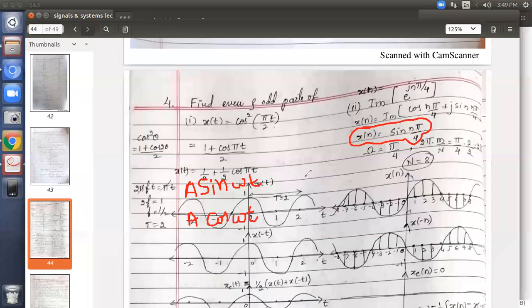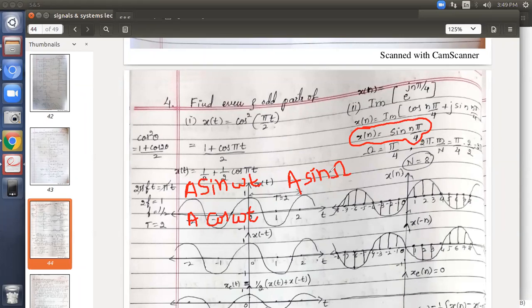This is for continuous. If it is discrete, what will be the general notation? It will be a sine of omega n. We have seen this already in the sinusoidal signal. We have already studied the different elementary signals: 6 different elementary signals, among them exponential, sinusoidal, exponentially damped, then unit step, ramp and impulse.